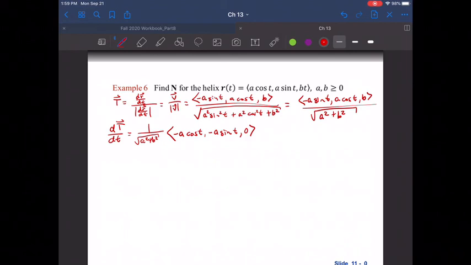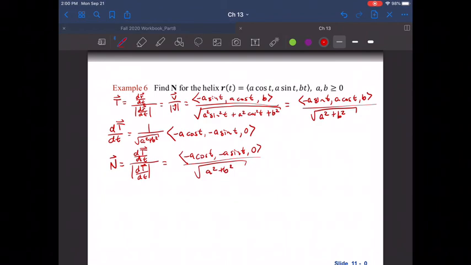And then we have to divide that, right? Our unit normal has to be dT divided by the magnitude of dT, like that. So we take this and we have our whole thing here. We've got negative a cosine of t, negative a sine t, 0, divided by that square root of a squared plus b squared.